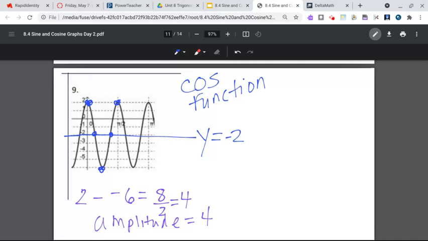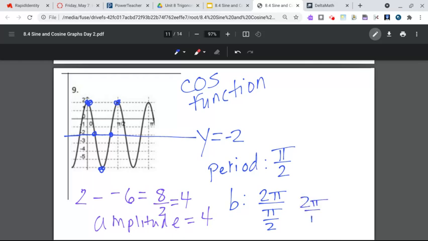Okay? So we don't have everything yet. We need the period to give us our b value. The period of this graph, one cycle, lasts a length of pi over 2. So to find our b value, we do 2 pi over the period, so 2 pi over pi over 2, which is 2 pi over 1 times the reciprocal.